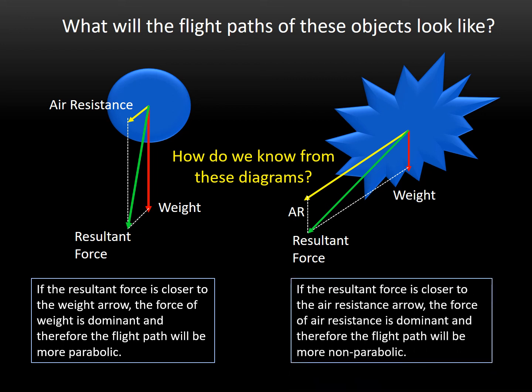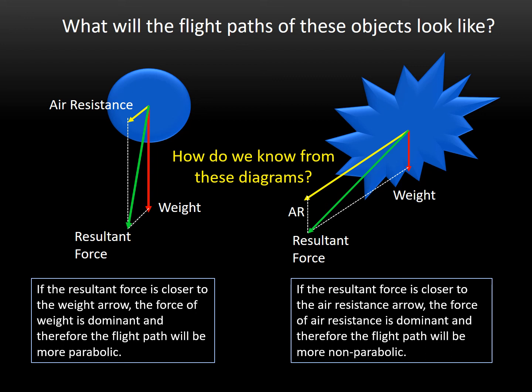If, however, the resultant force is closer to air resistance, the force of the air resistance is dominant, and therefore the flight path will be more non-parabolic. So here we've got on the left a diagram that represents a projectile such as a shot put, and on the right a projectile that represents an object such as a shuttlecock.